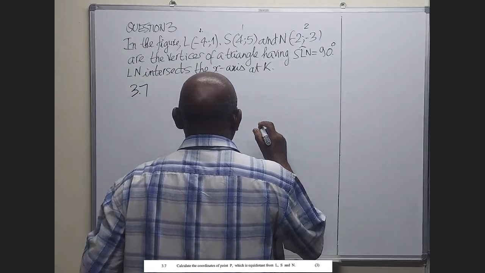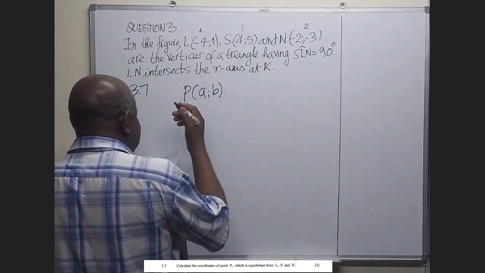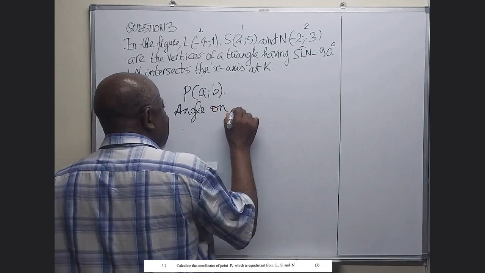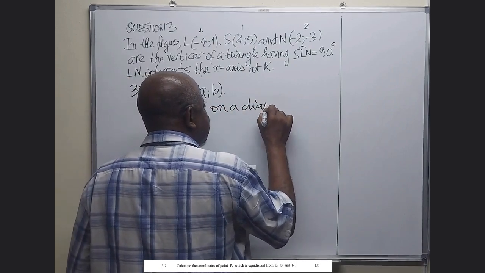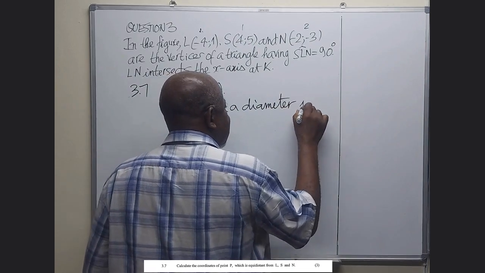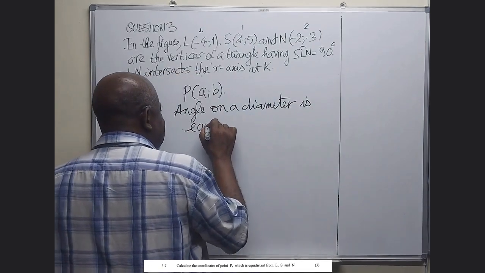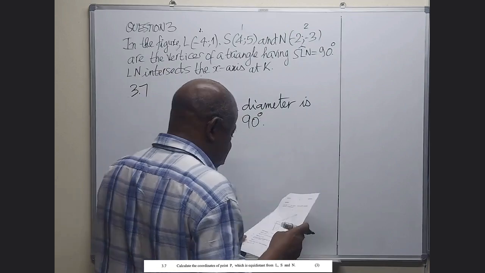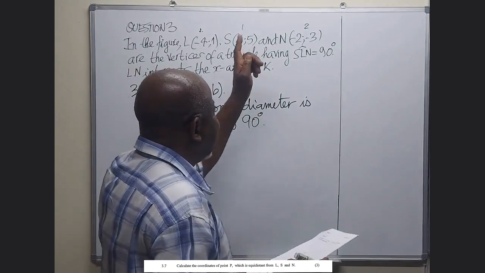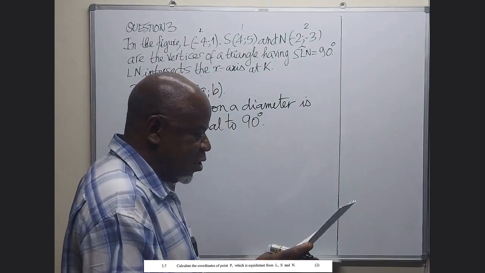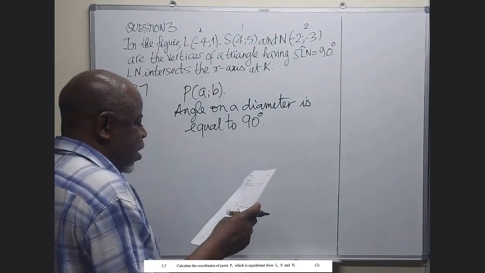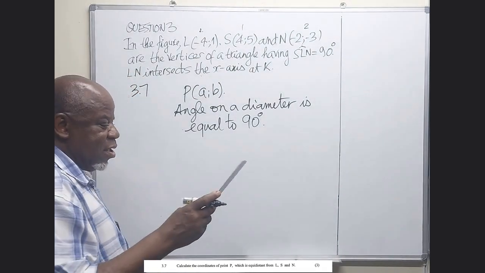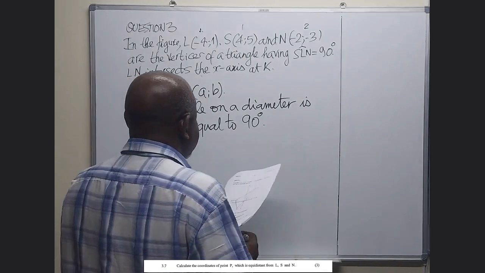Let me write here, this is practically the reason. Angle on a diameter is equal to 90 degrees. So angle SLN is equal to 90 degrees. So side SN will be practically the diameter of a circle.